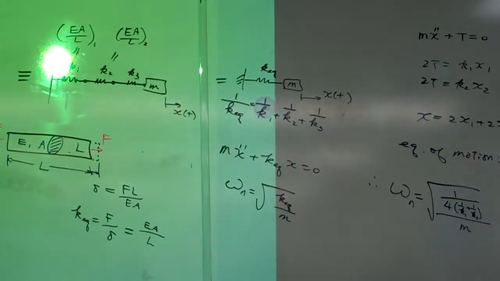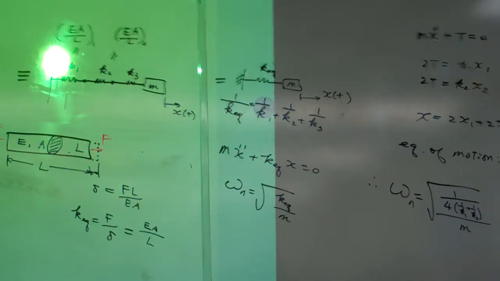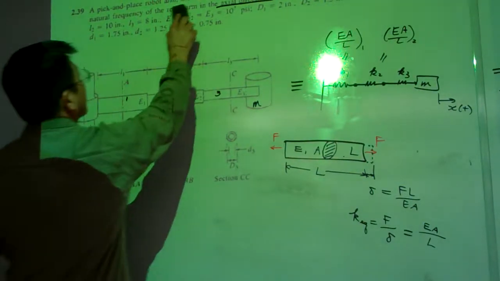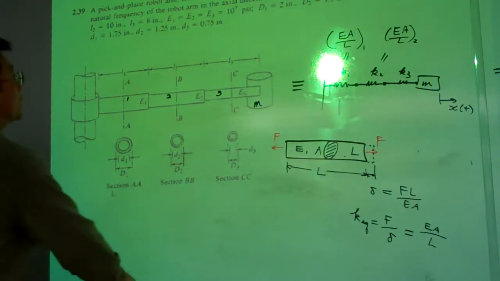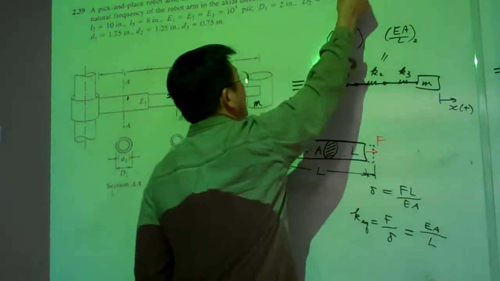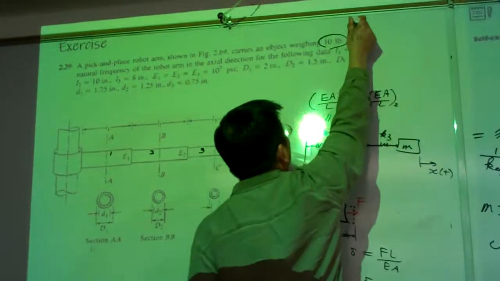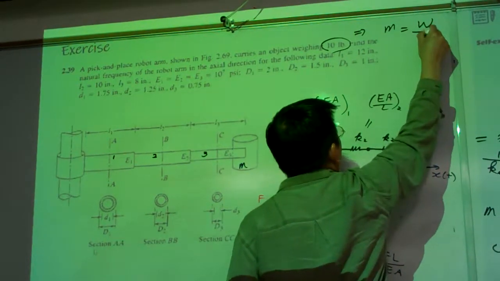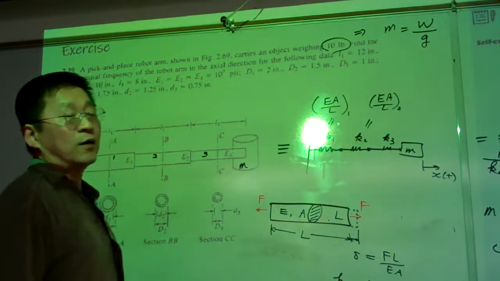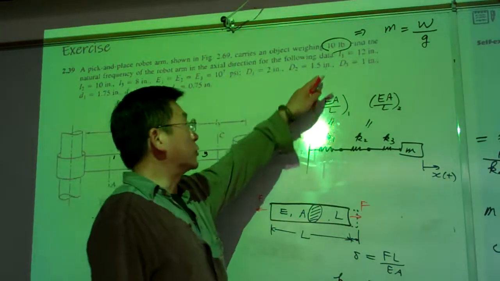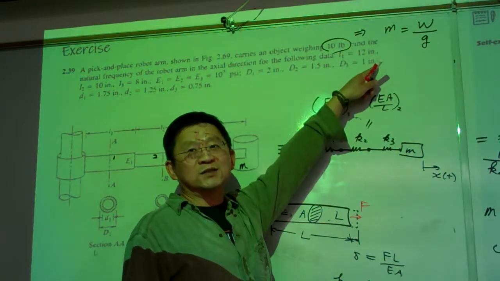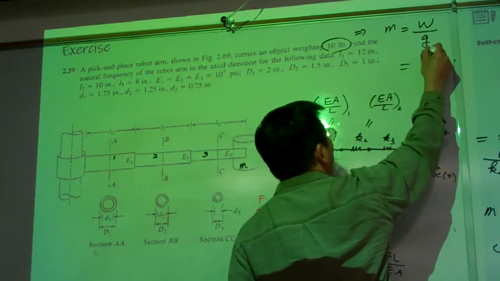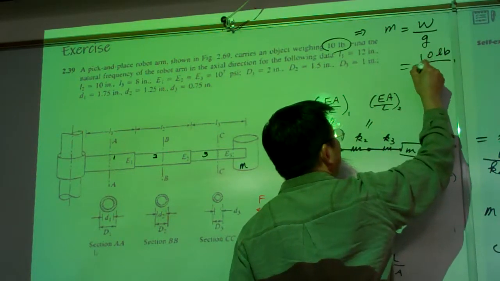So here we are given all the information. This subject has a mass of 10 pounds. So from here, m is basically equal to weight divided by gravity. What is the gravity unit corresponding to pounds? I think it's 386 something. So basically this will be 10 pounds divided by 386.